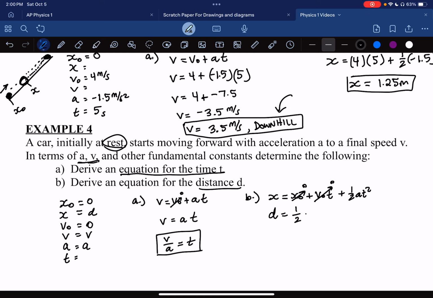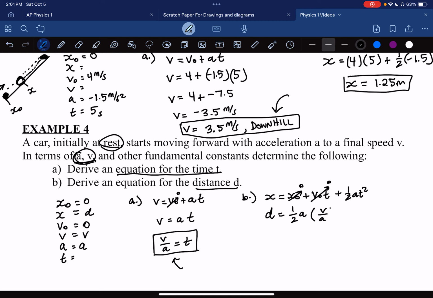This is 1/2. A is a, and okay, we have t squared, but I don't want to leave t as t because we can't. We have to have it in terms of a and v, but we know t in terms of v and a. So I'm going to substitute for t, that's v over a, but don't forget the squared goes there.